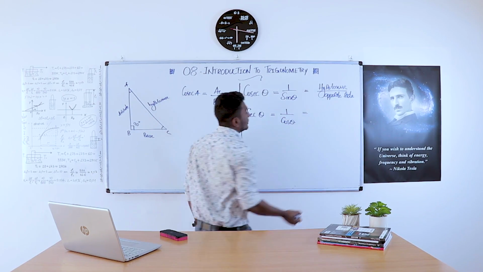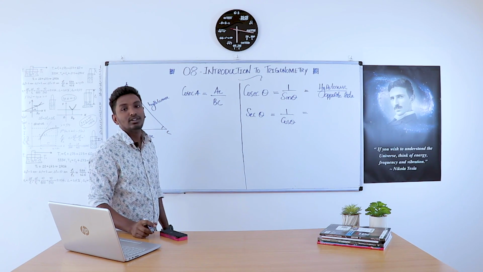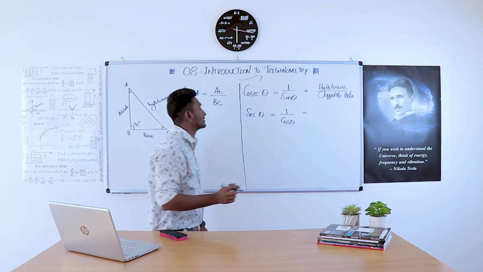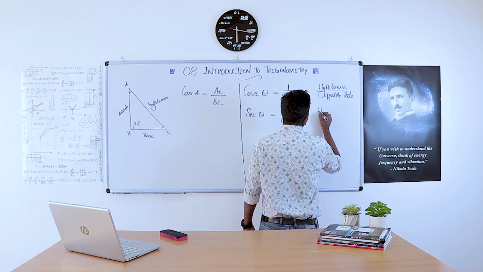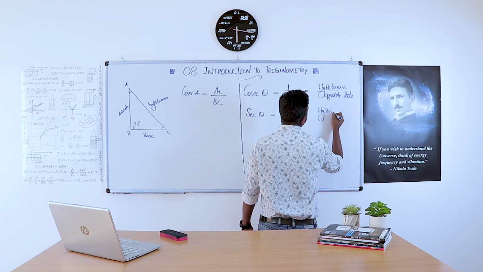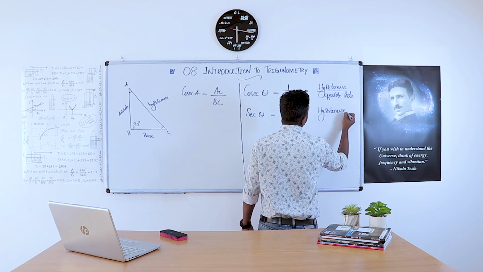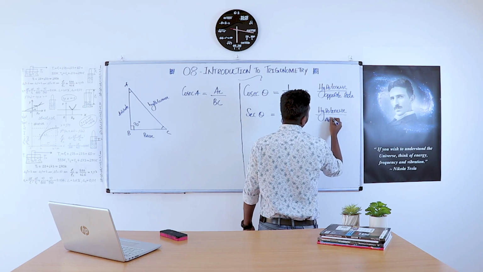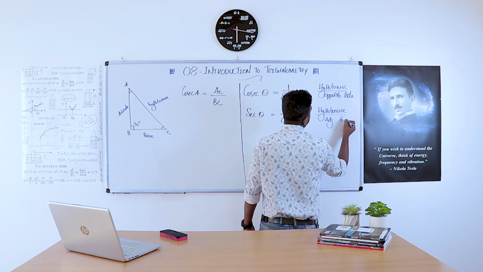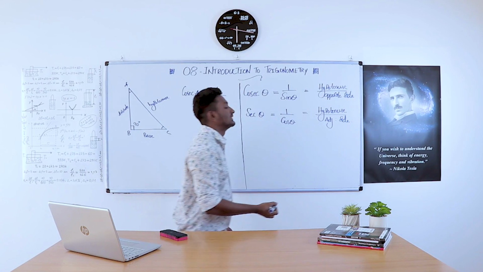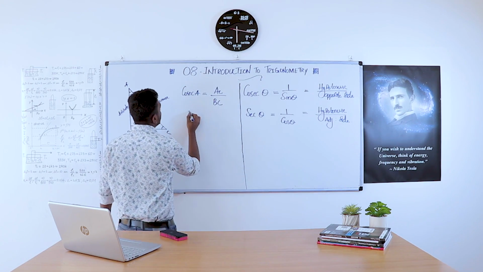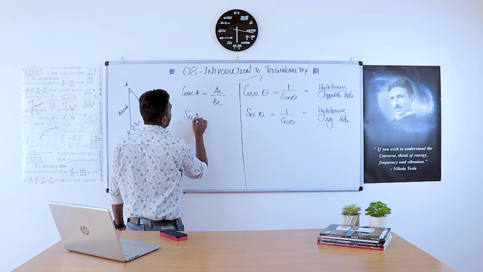Cos theta we already know is adjacent side by hypotenuse. So here we can write hypotenuse by adjacent side. That is sec theta.